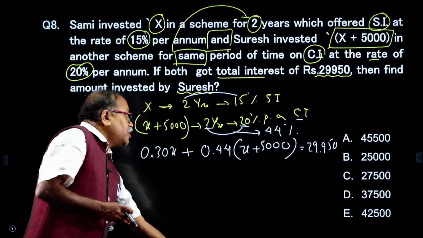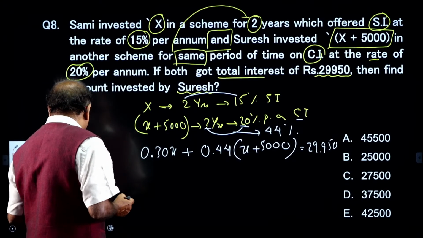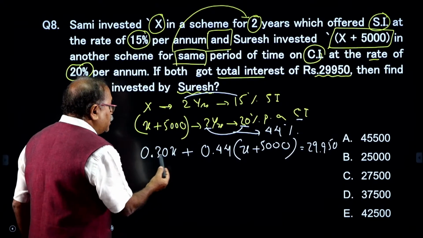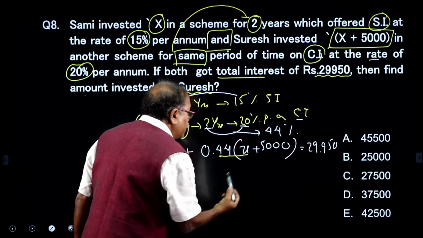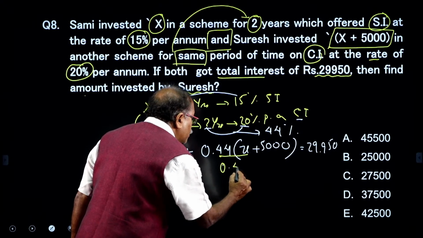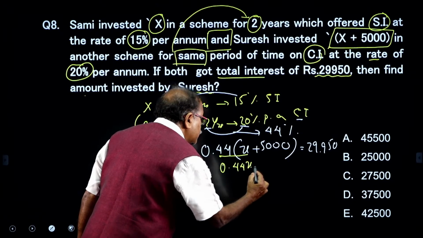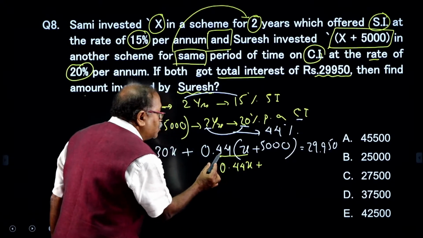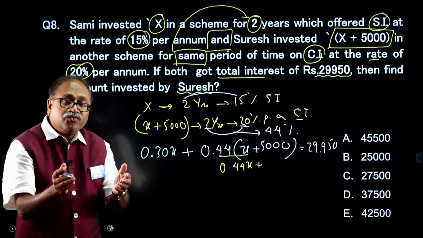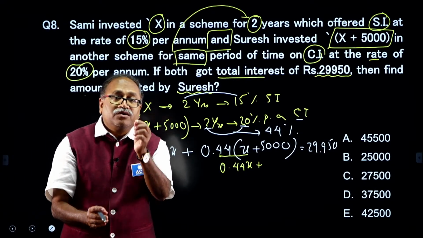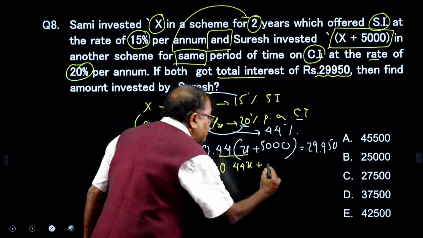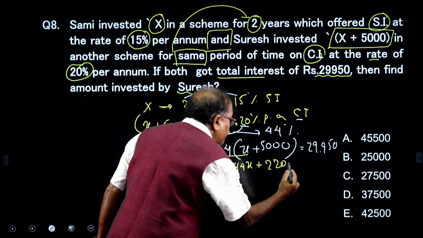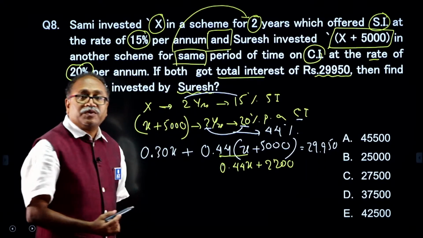Okay. Now, I will start the calculation here. Here 0.30X, and here how much are you getting? 0.44X and plus 0.44 into 5,000, which is equal to 2,200. So, here it is 2,200, which is equal to this much.